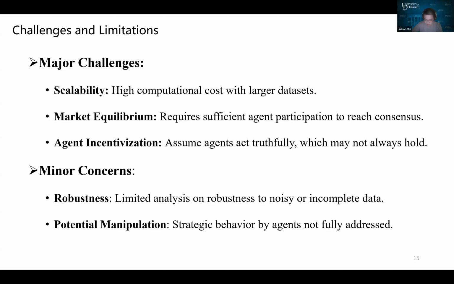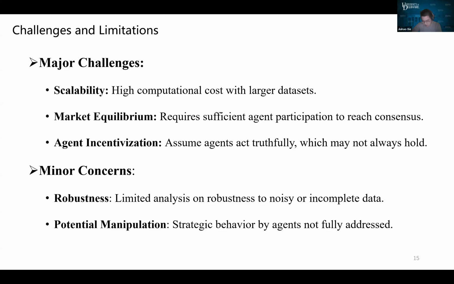Another challenge is ensuring there is enough participation in the market to reach a reliable market equilibrium. If too few agents participate, the consensus might not be representative, and the solution will be less reliable.